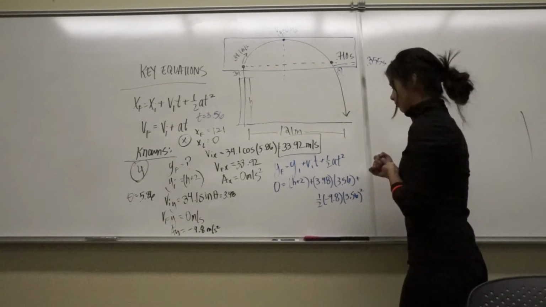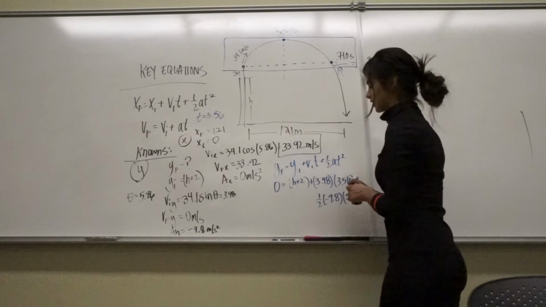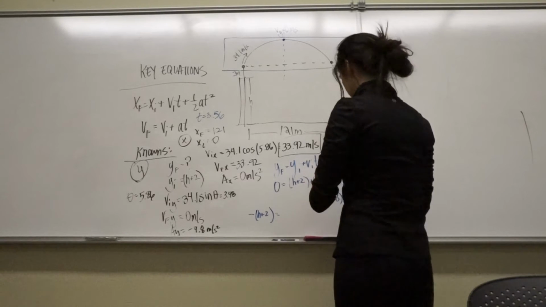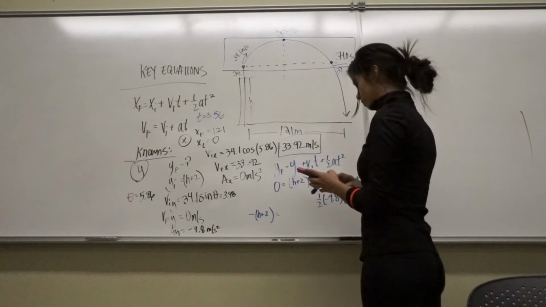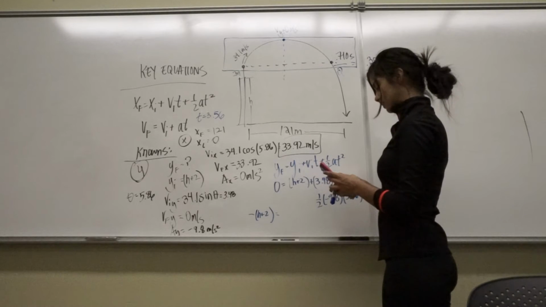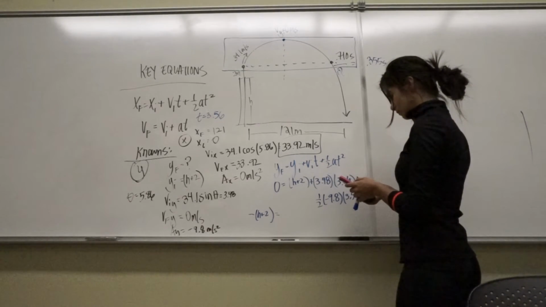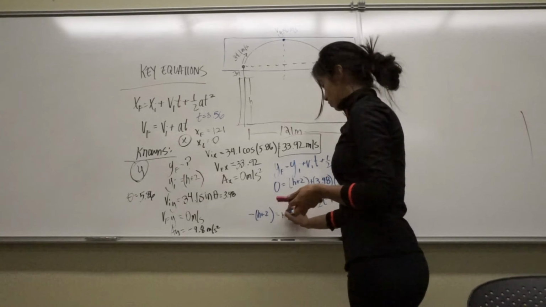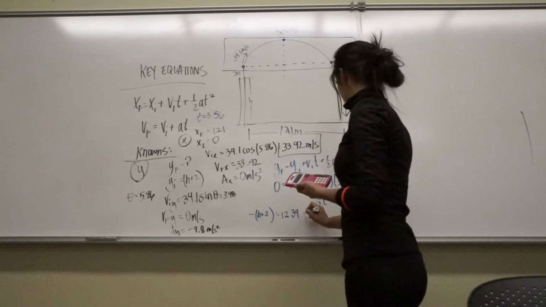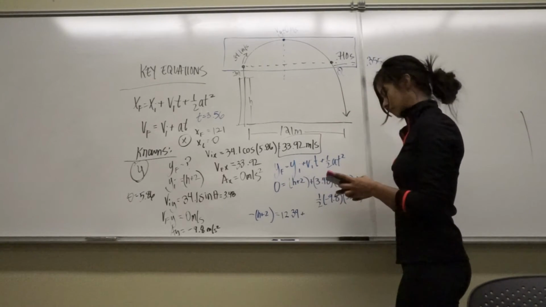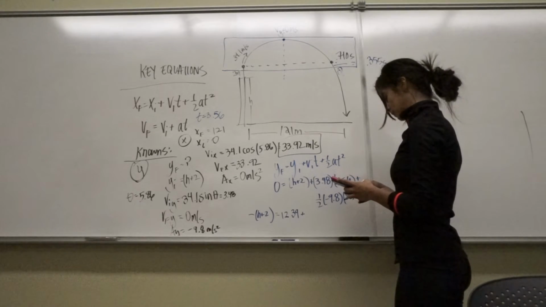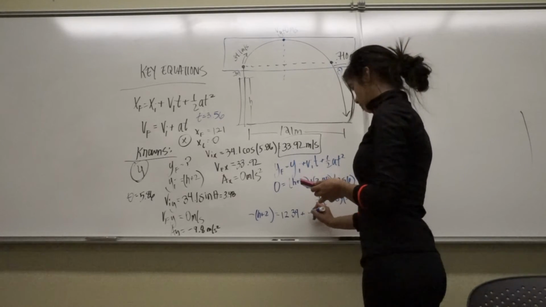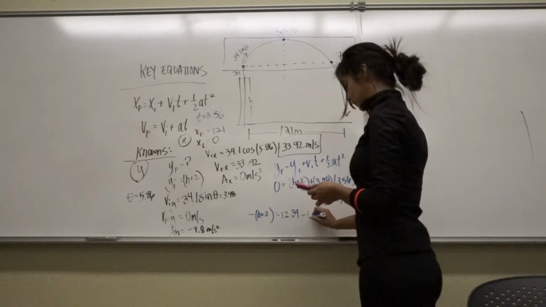Okay, so I have to plug these numbers in. Let's move this over to this side. It's going to be negative h plus 2 equals, and let's go ahead and make these calculations, 3.48 times 3.56. Okay, so that is going to be 12.39 plus, then we're going to do 4.9 times 3.56 squared, which will be minus 62.1.